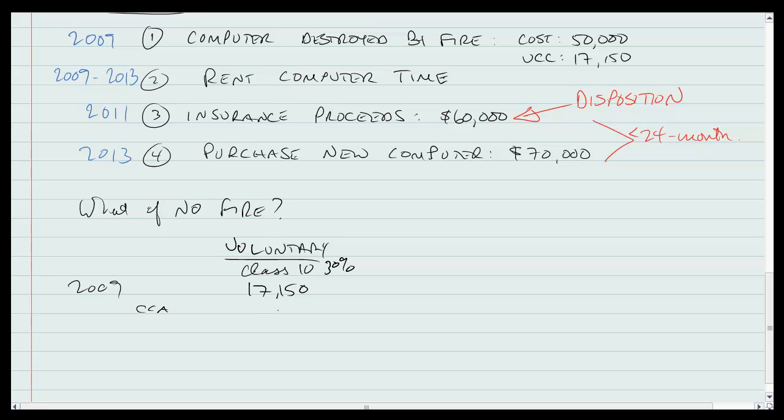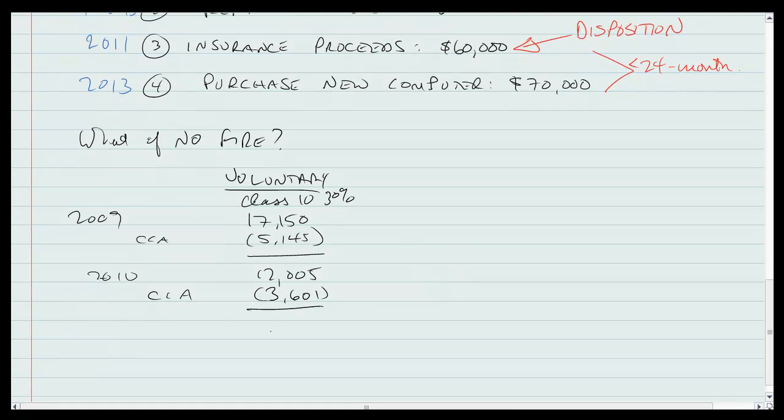No half year rule because we're entering later in the life. They didn't just acquire it. Then we will have a balance to go forward of 12,005 for 2010, and in 2010 we will take CCA on that of 30%, and we will get 3,601 to get us down to 8,404.